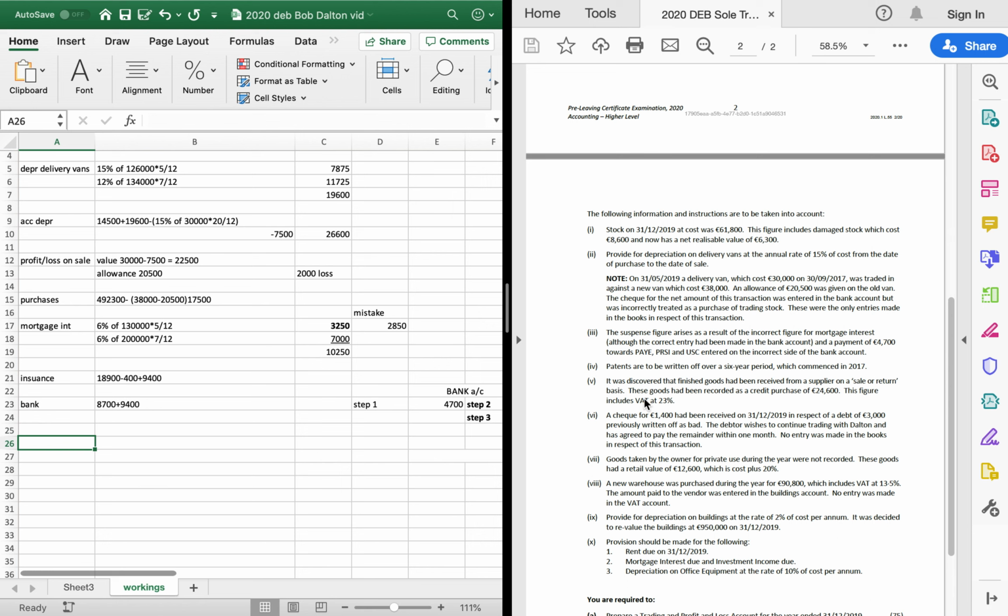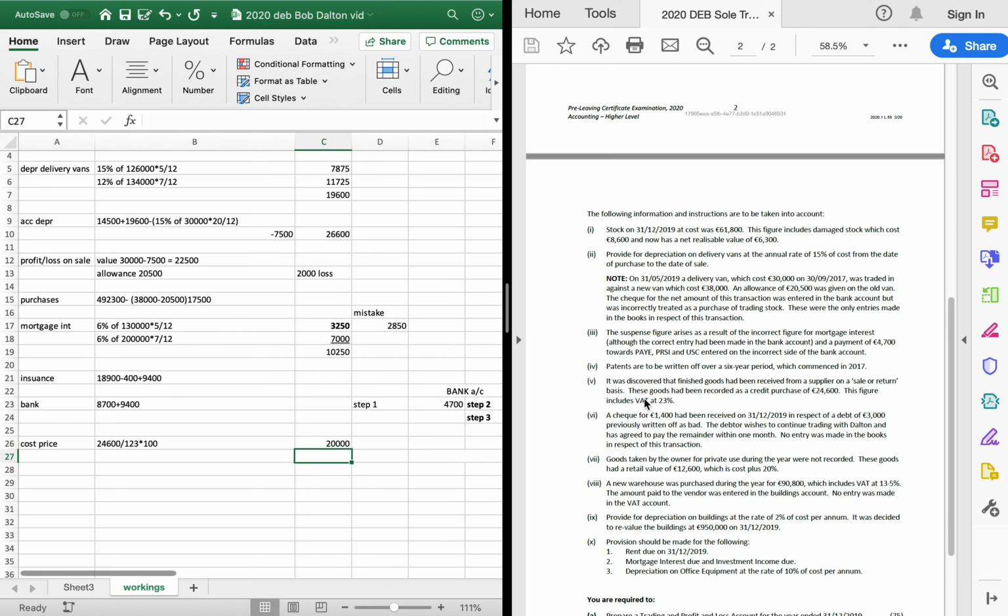So we need to work out what the cost price of these is. It's nearly like the purchase of goods including a profit margin. You always work back to the cost price. So we take the 24,600 and we're going to divide that by 123 and multiply by 100. All right. So 24,600 divide by 123 multiply by 100.